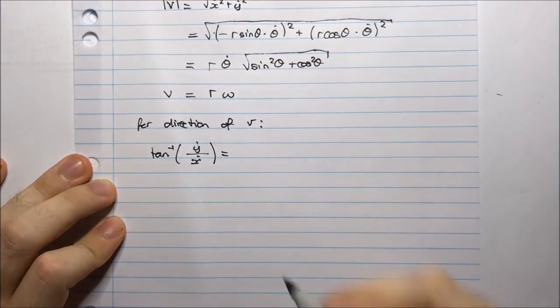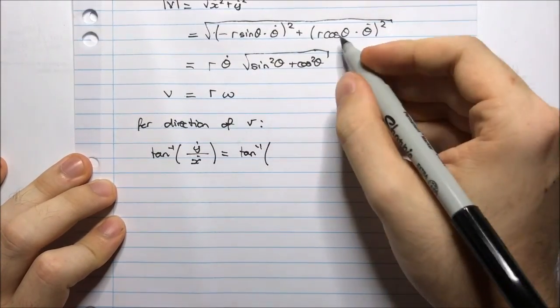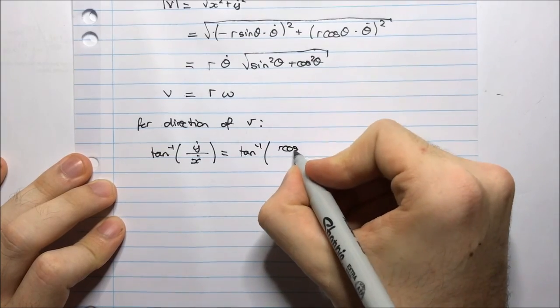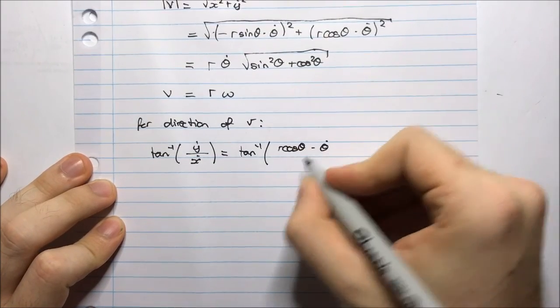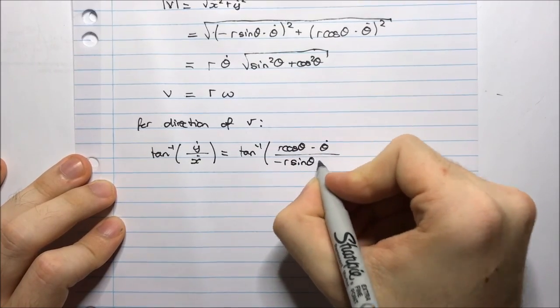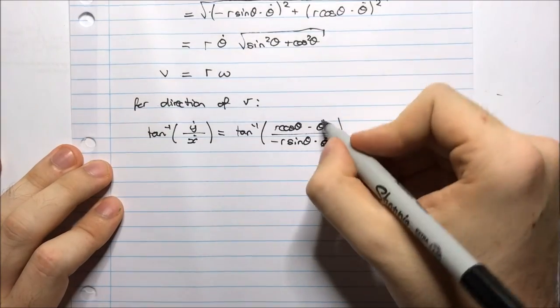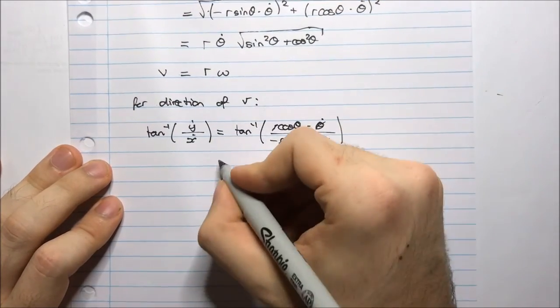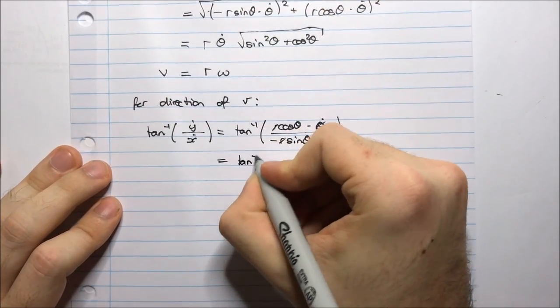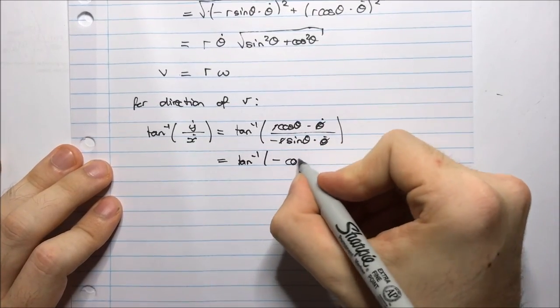Now if I substitute these values back in, I'll have tan inverse of y dot, which is r cos theta times theta dot, divided by negative r sine theta times theta dot. Okay, theta dots will cancel, r's will cancel, and I'm left with tan inverse of minus cosine on sine, which is minus cotangent, or minus cot theta.